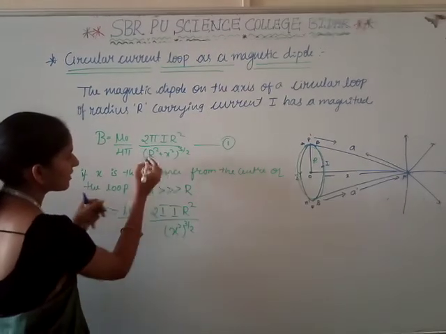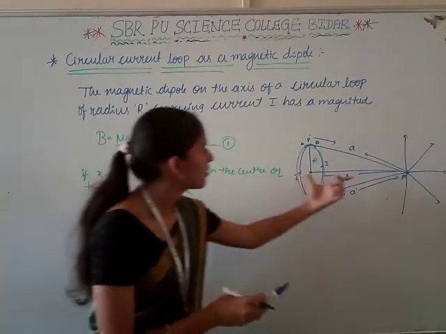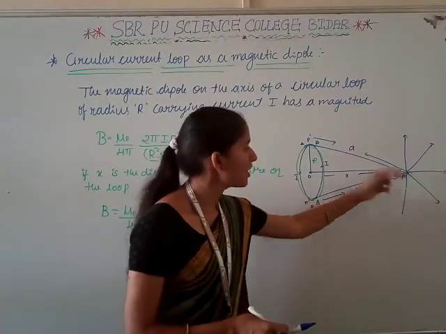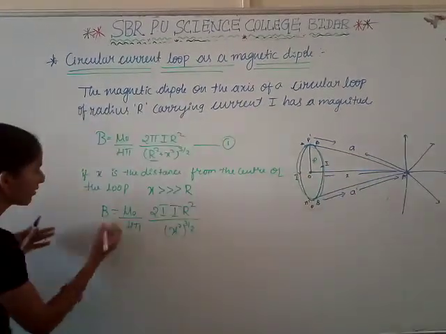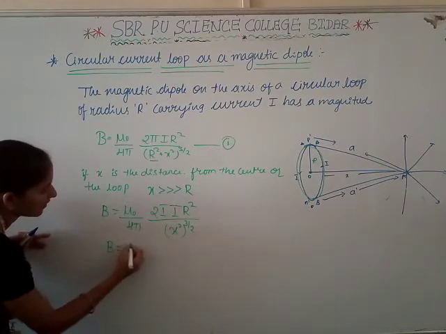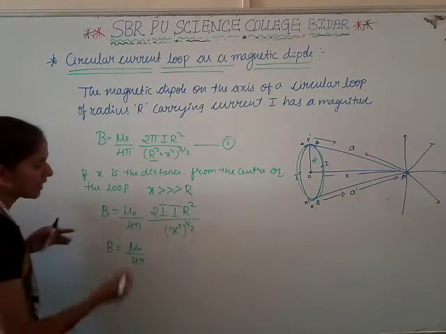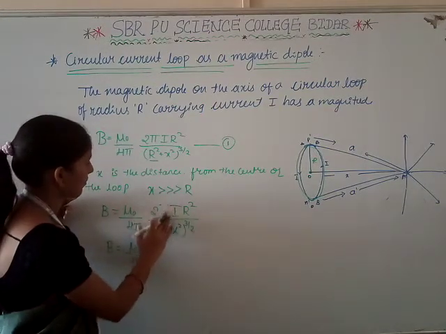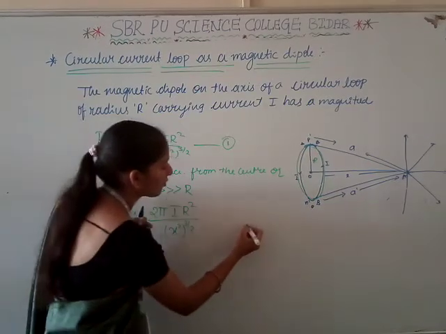When we neglect r square, it is the distance between point P and a circular loop, where r is the radius. After neglecting that, we get mu naught divided by 4 pi. Here we have a formula of area.